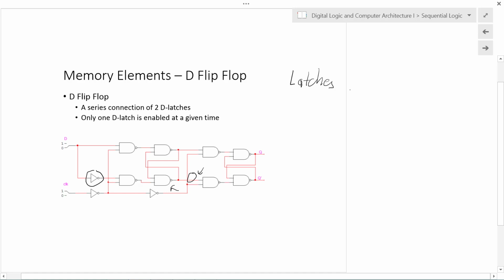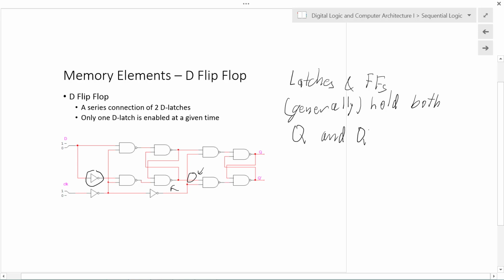Latches and flip-flops, generally speaking, hold both Q and Q prime. So if you have a variable and you need its inversion, you don't need an extra inverter in most cases.